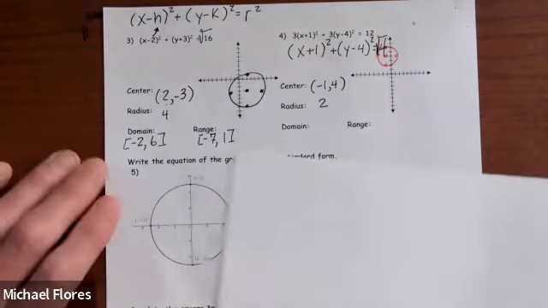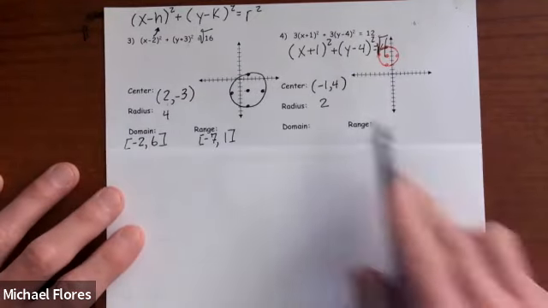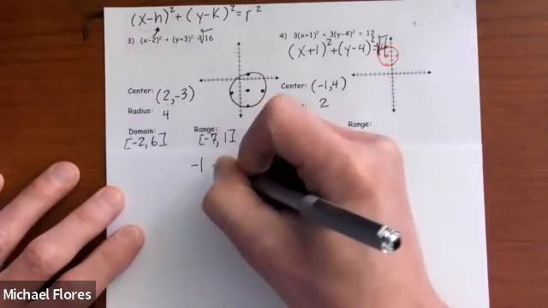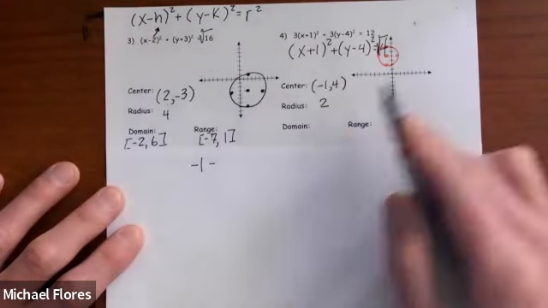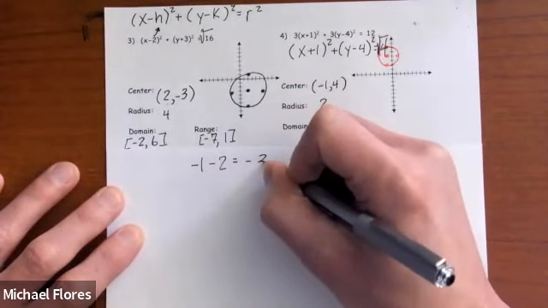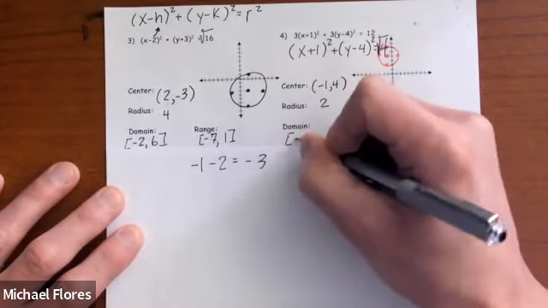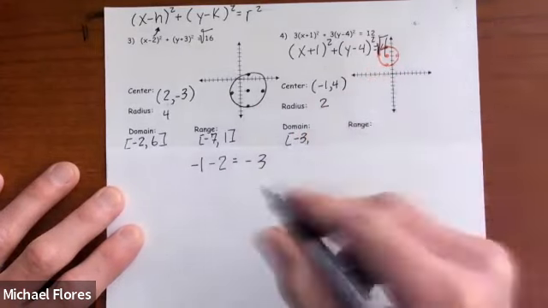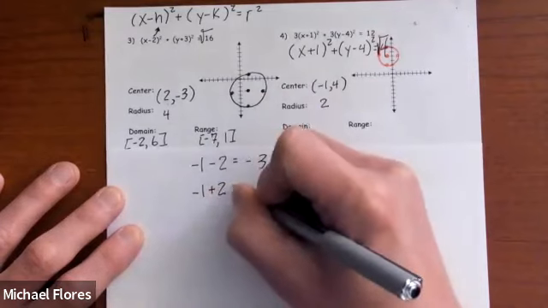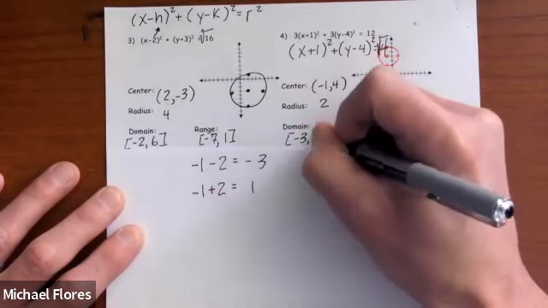Domain, I'm going to use that trick I showed you just a little bit earlier. I'm going to do the h value minus the radius. And now the h value plus the radius.